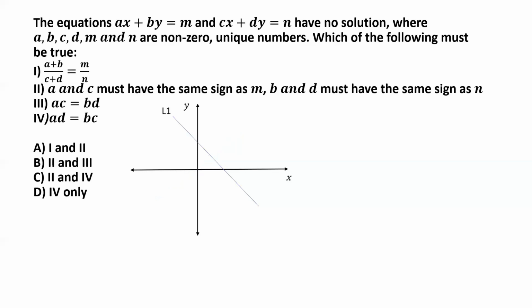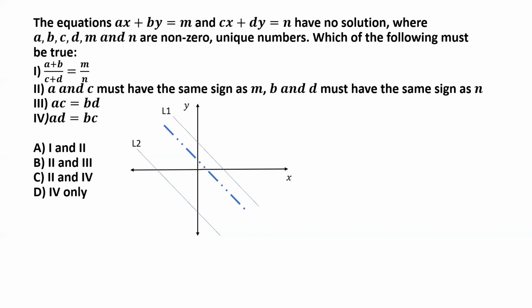And if two lines never intersect each other, that means they will be parallel to each other. They can have different intercepts on the x and y axis, so instead of being like the way I've shown, it can be something like that. But the criteria is that they need to be parallel; they cannot intersect at any point.